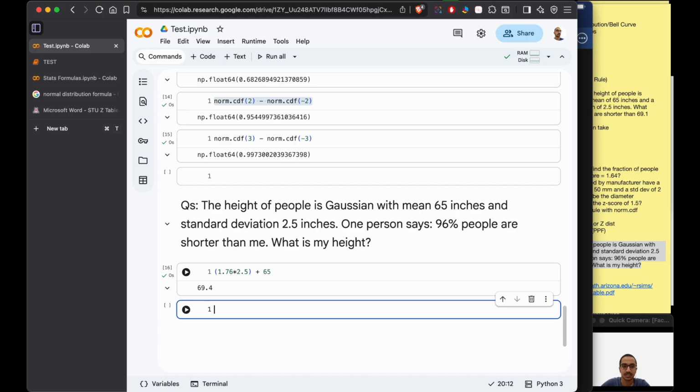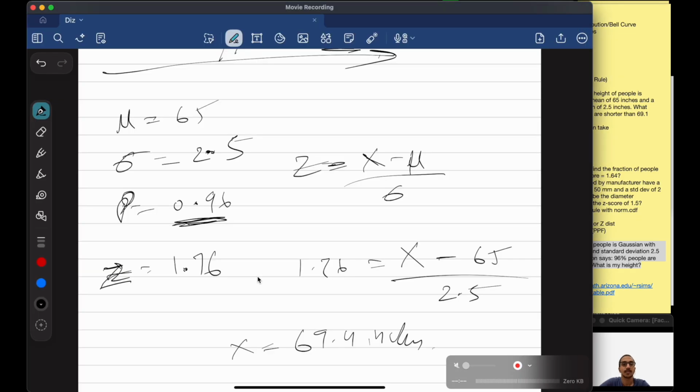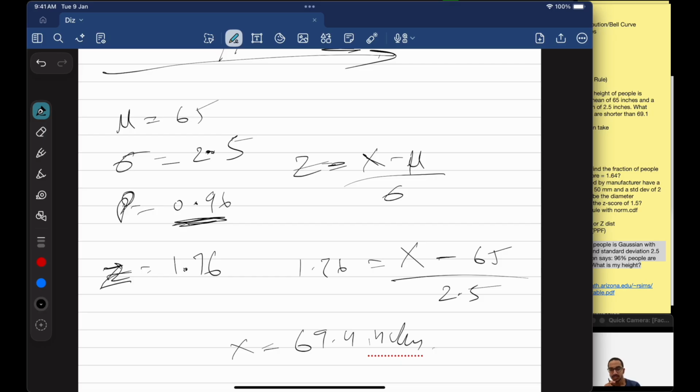That will be 69.4. So x, his height, is 69.4 inches. So that's how you solve this through the z table.